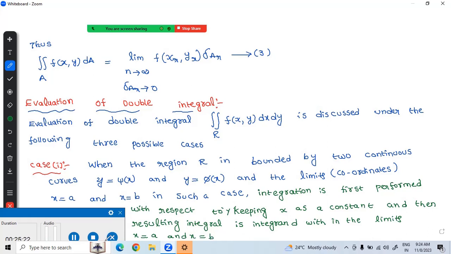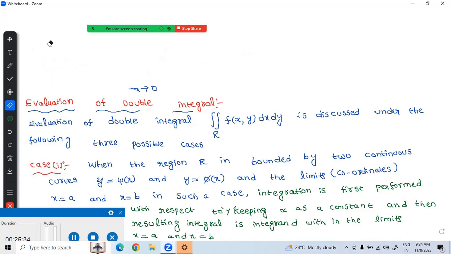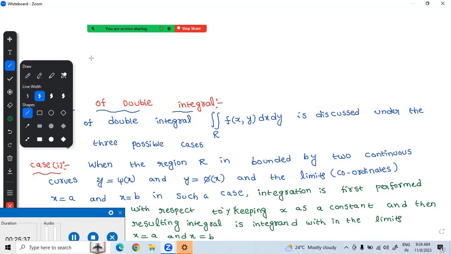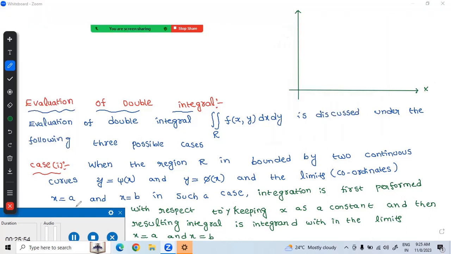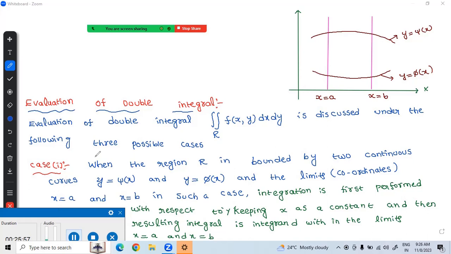Next, draw the diagram. So this is the x-axis, y-axis. These are two curves, x equal to a, one line, x equal to b.